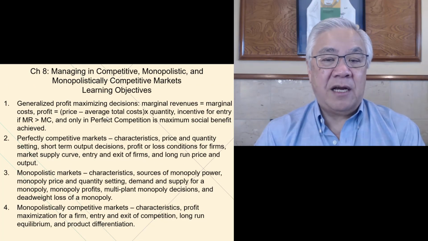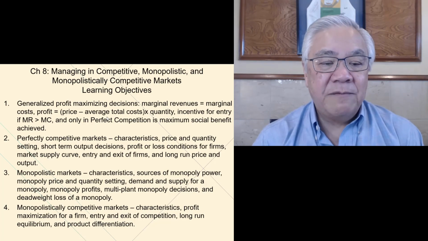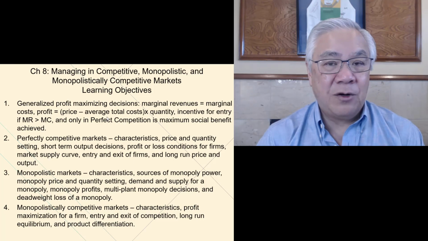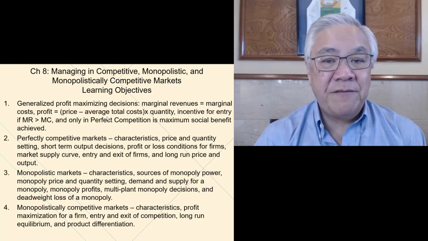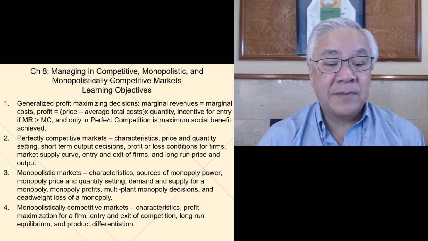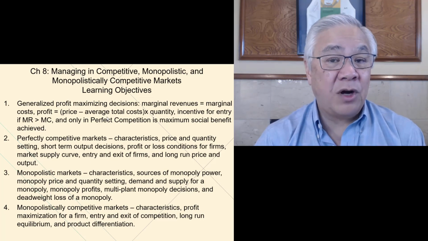So summarizing our learning objectives for Chapter 8, we saw some generalizable ideas such as the marginal revenue equals marginal cost. That holds for all three of the scenarios that we've seen. That the profit equals the price minus the average total cost times the quantity sold. And that there's incentive for entry if the entrant has marginal revenue greater than the marginal cost.